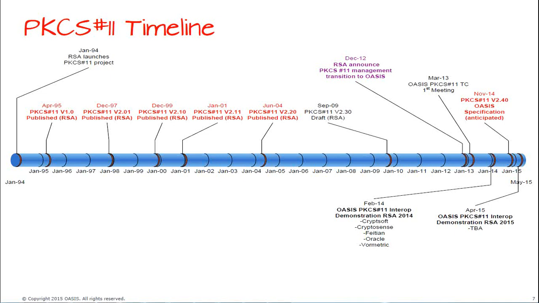We worked through the legal aspects of that, and in December of 2012 announced that decision and agreement with a number of major players in the industry supporting that transition.